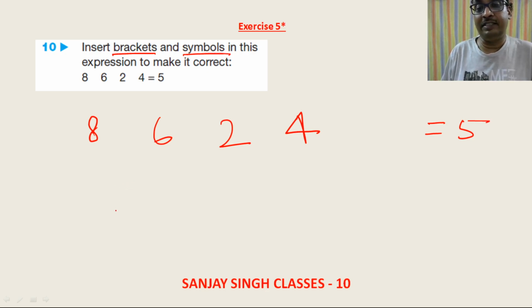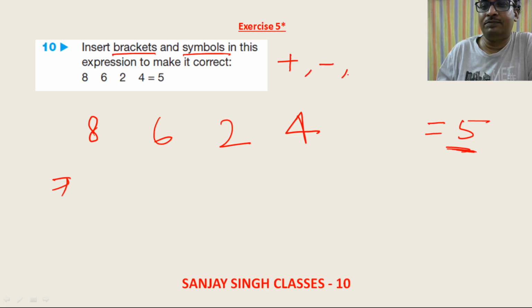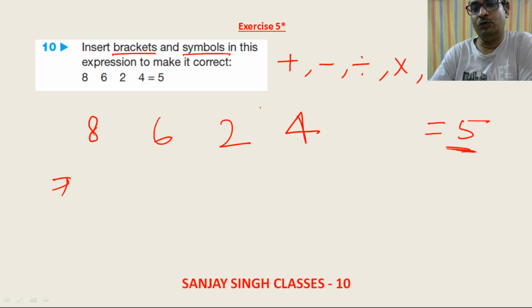We need to put brackets and symbols so that after solving the expression we get 5. Let us check where we need to put brackets and where we can put symbols. The possible symbols are plus, minus, division, multiplication, and we have to use brackets.